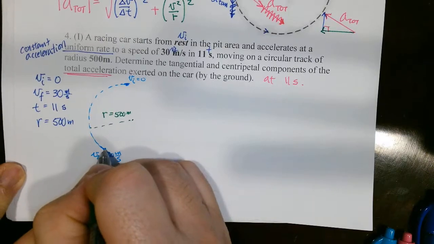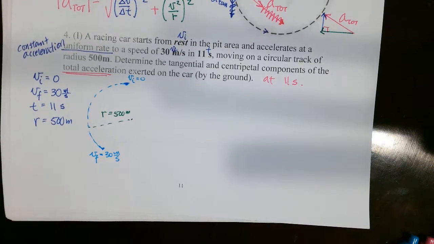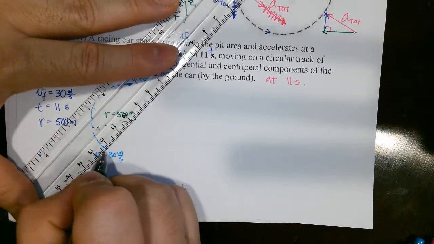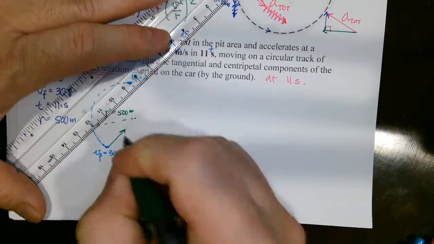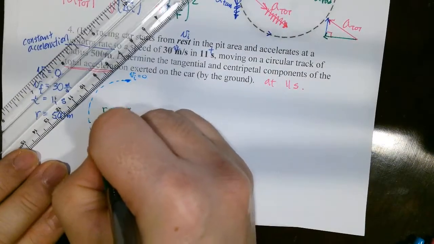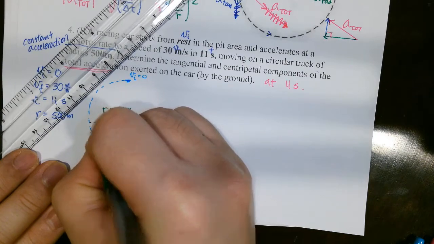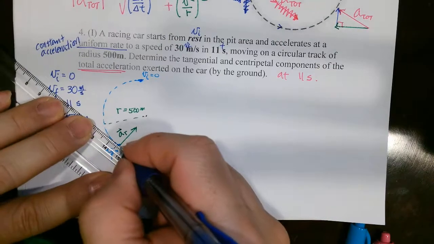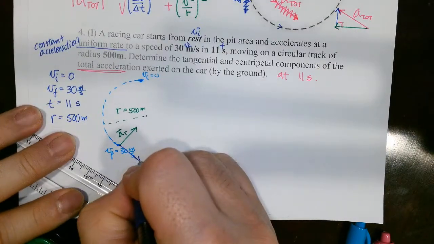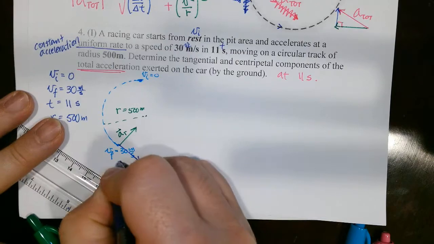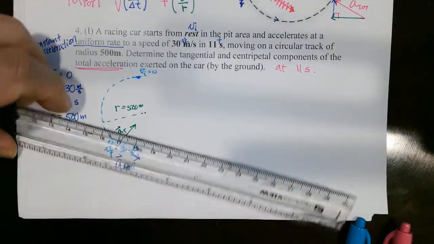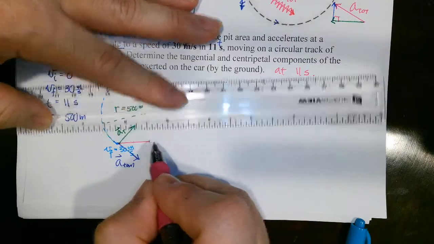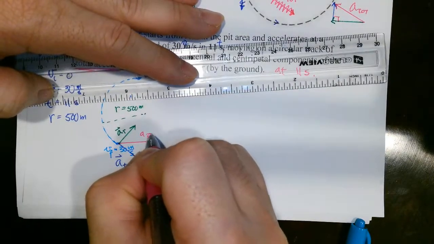So at this point, we have two accelerations. One being A radial, or A centripetal, and this will also have A tangential. And we can figure out the A total, the magnitude.